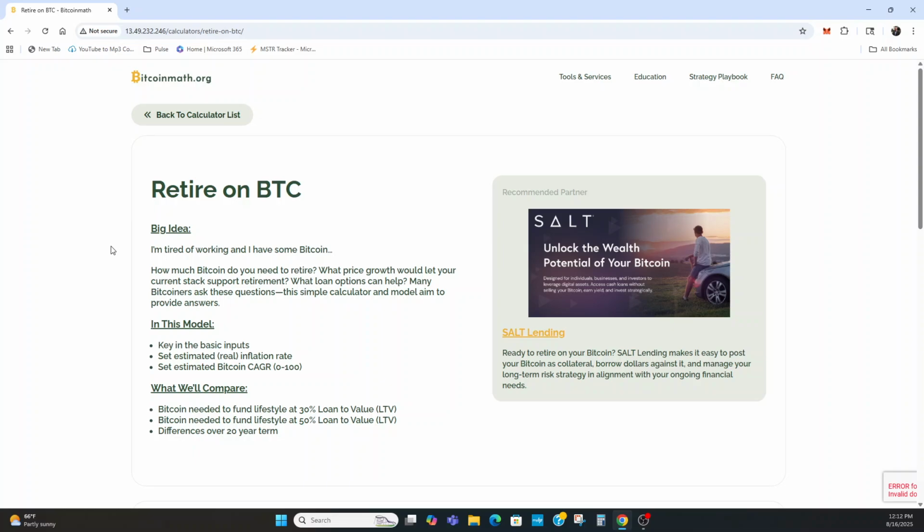Now, what most people have a hard time with on the retiring on Bitcoin models is that it also includes metrics for borrowing the dollars against your Bitcoin and rolling that debt forward in perpetuity so that you're never really paying back the underlying principal. For that reason, we've also created a strategy playbook, which I would encourage you to look at.